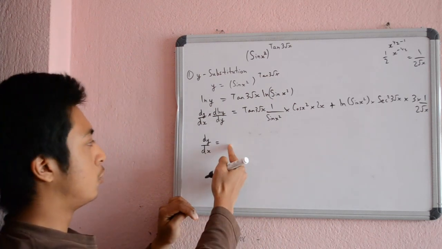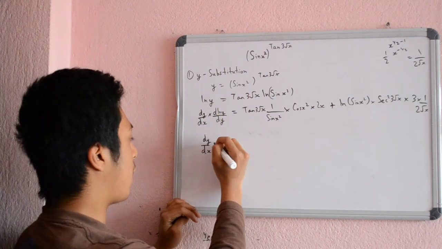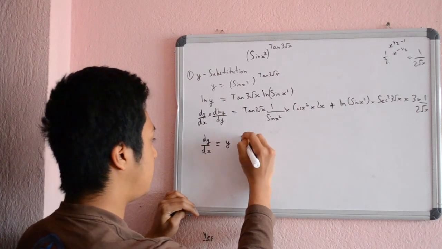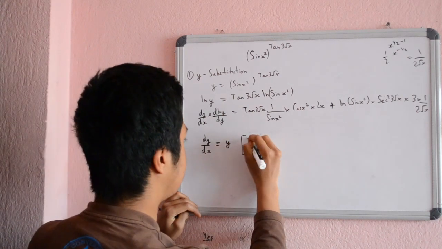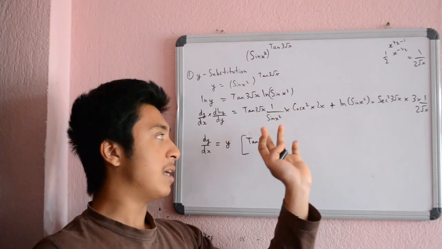This will be equal to, well, first differentiating log we get 1 by y, and just move that to the right hand side. It will be y multiplying all of this, which is tan 3 root x into cos x square by sin x square.